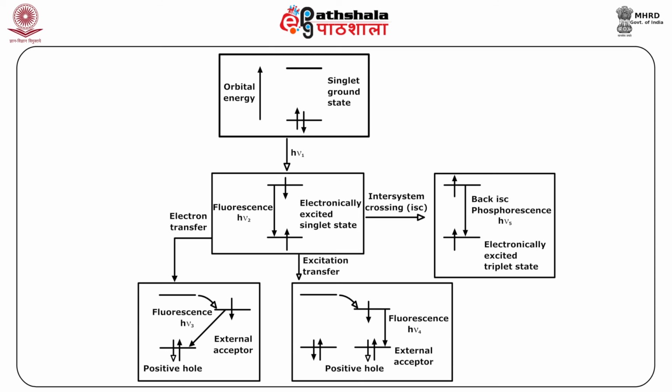Now students, here you can see the possible radiative events following photoexcitation, and ISC stands for intersystem crossing. Here you will notice both the luminescence as well as the fluorescence processes in this figure.